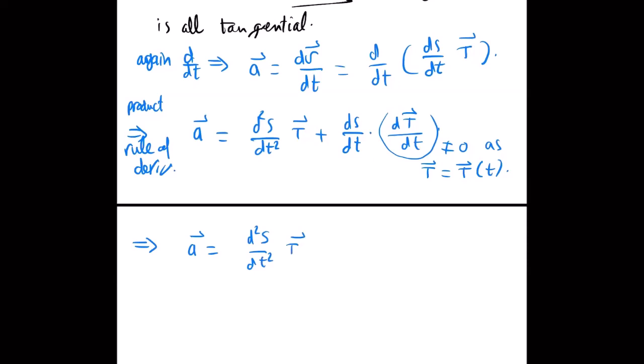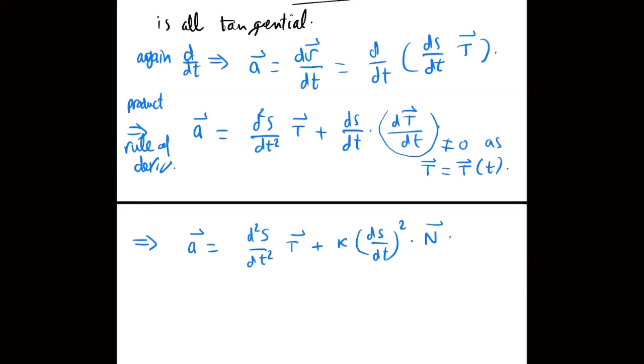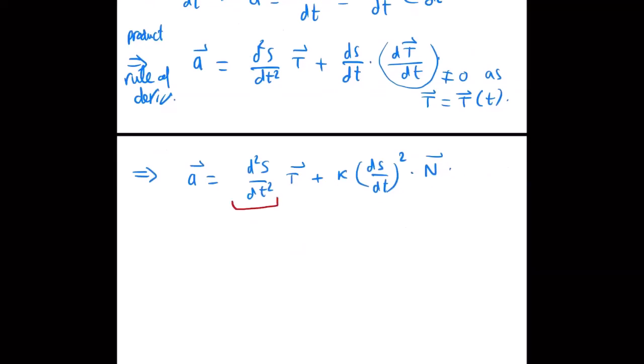This is called the tangential component. This is a sub T, plus kappa, the curvature we studied last time, times ds by dt, the derivative of the arc length, which is the speed, squared, in the direction of N. This comes from the definition of the curvature we had last time. So now the acceleration has two components.